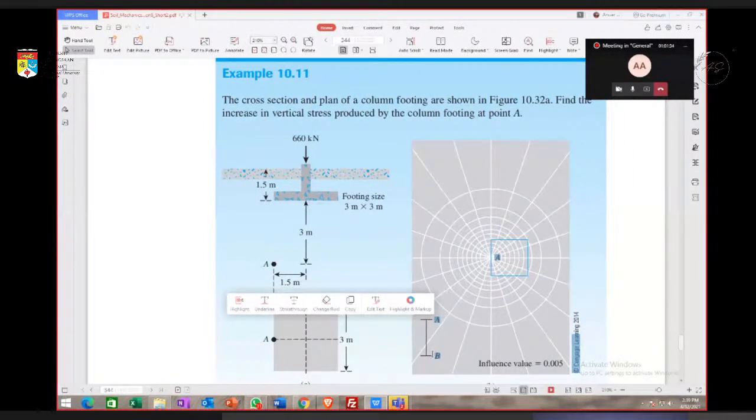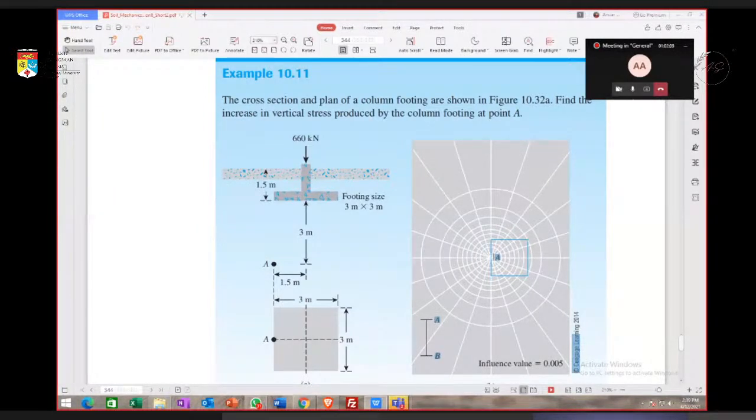The footing size is also 3 meter by 3 meter, so we get this plan, where the 3 meter length equals the length of AB.